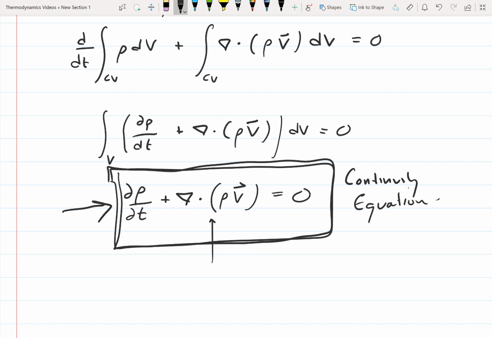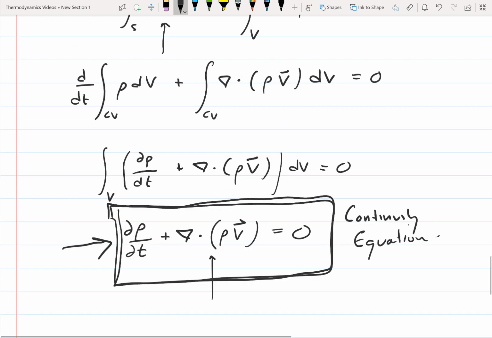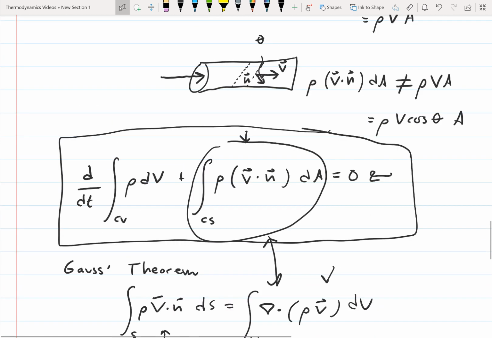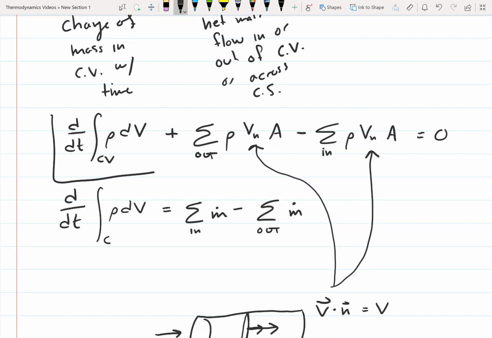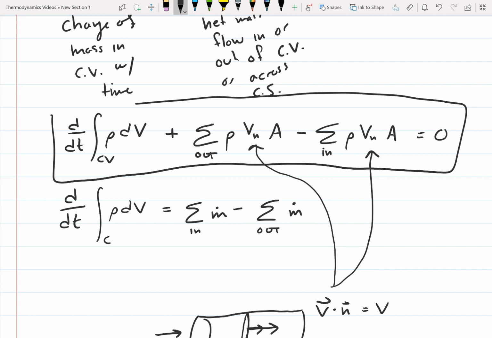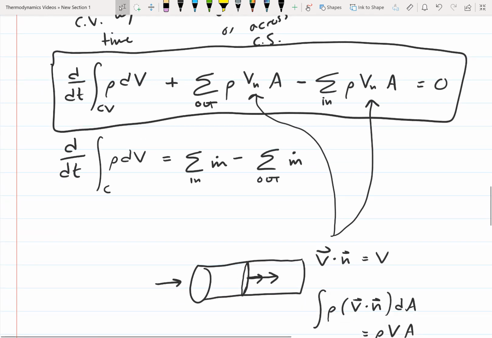All right, so now what I want to do is go back to this equation, and I want to look at a few simplifications that we can make depending on if we have steady flow or incompressible flow. So what I'm going to do is go down here and rewrite this equation.